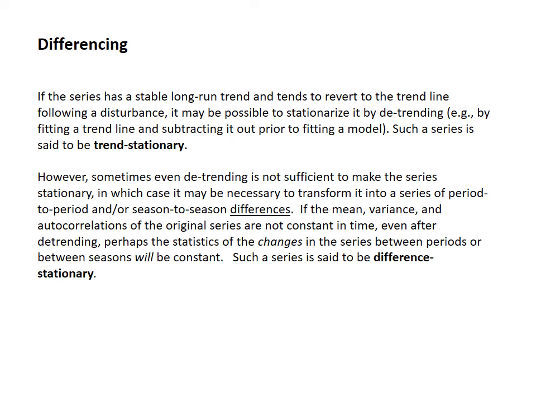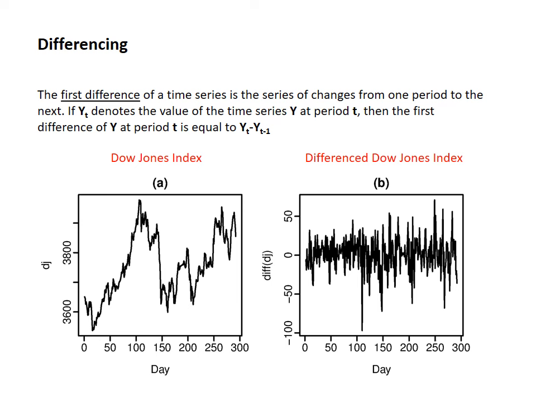Here's an example of this, and often what we see is that a lot of financial data is difference stationary, right? On the left-hand side, we have the Dow Jones Index. On the y-axis is the index, and on the x-axis are the days. Then on the second plot, we have the differenced Dow Jones Index.